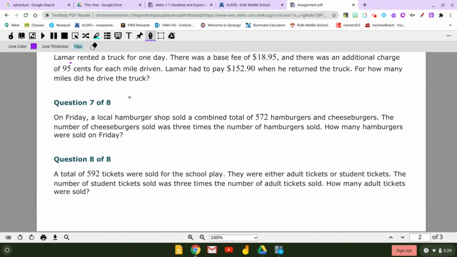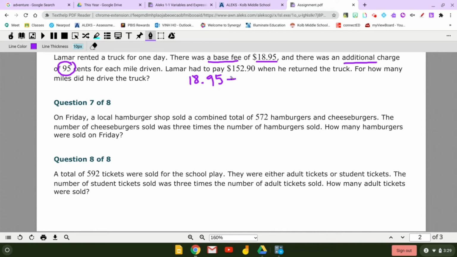So how many miles did he drive the truck? So Lamar rented a truck for one day. There was a base fee of 18.95, so that's the amount of money he has to pay in general without any miles driven. There was an additional charge of 95 cents for each mile driven.